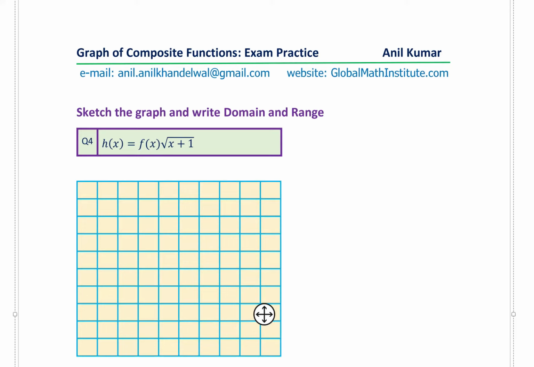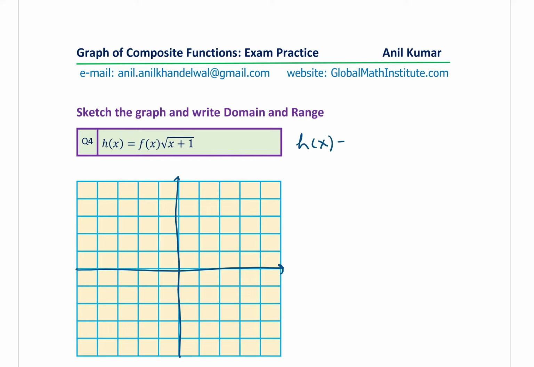Now let's take the next example, which is square root of x plus 1. Now again, we'll begin with dividing the coordinate plane by x and y axis, sketching against a composition. So we are talking about h of x, which is absolute value of x.